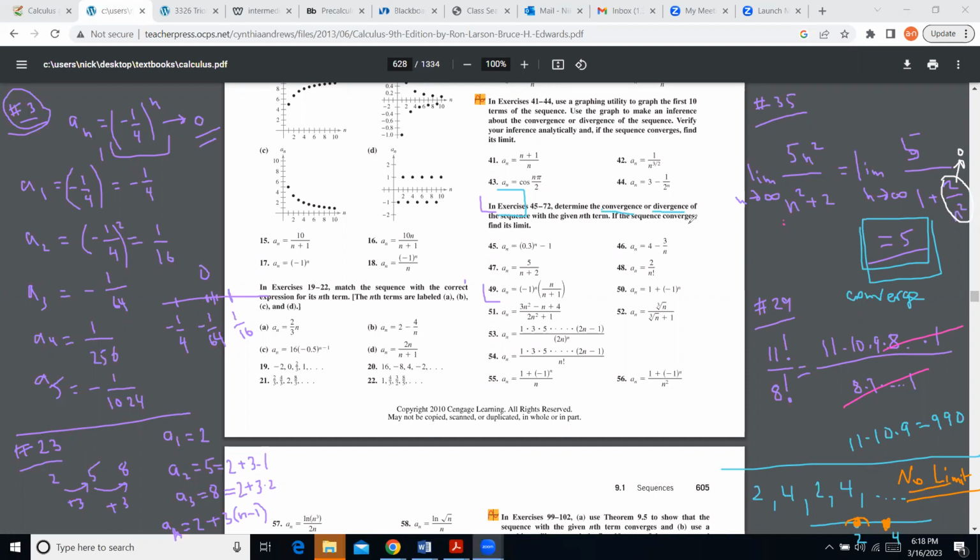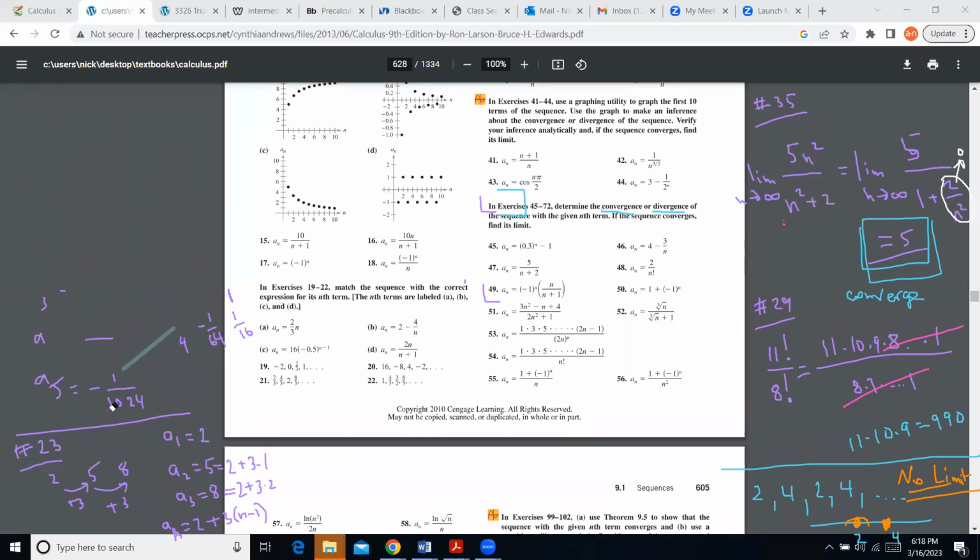So all terms must fall into some very, very small region around this limit, and that's what I guess they are trying to show on the picture on the left side in part C of exercise number 15.